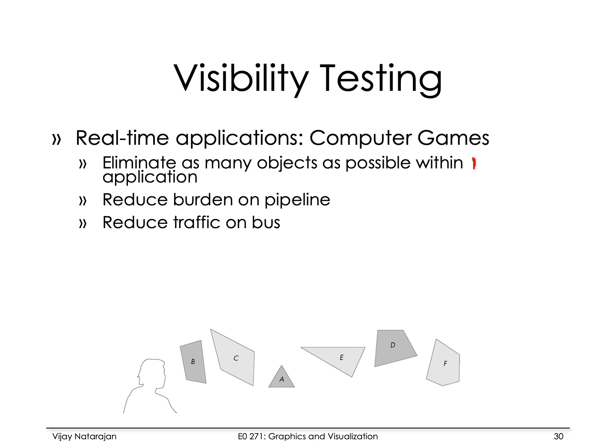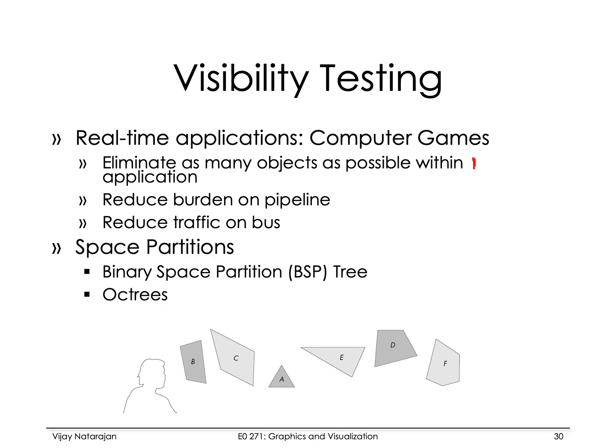So how do you identify which objects are visible and which are not? So one of the early approaches was efficient storage of objects, so that you can quickly decide which objects are visible from the viewer and which objects are hidden.